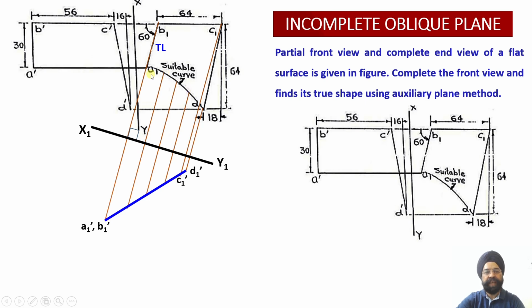Just see A1, B1, C1 and D1. These are the points which are already available, A dash, B dash, C dash, D dash, and they correspond to the straight line segments of this particular lamina. But regarding this curved segment, you can have 3 points or 4 points. I have taken 3 points which are equally spaced between A1 and D1 onto this curve.